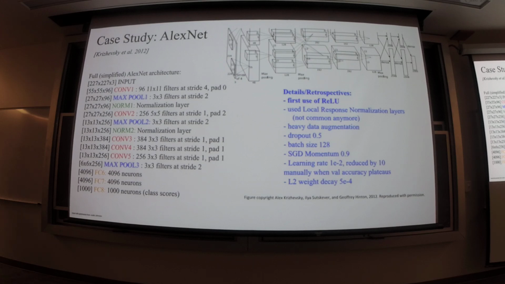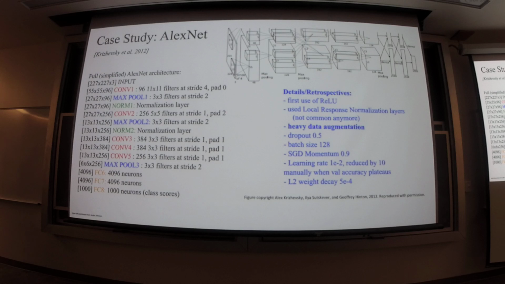So that's awesome. We already talked much about that. The normalization layers were these local response normalization layers. We won't spend time talking about them because they're not used, but that was kind of innovative at the time.